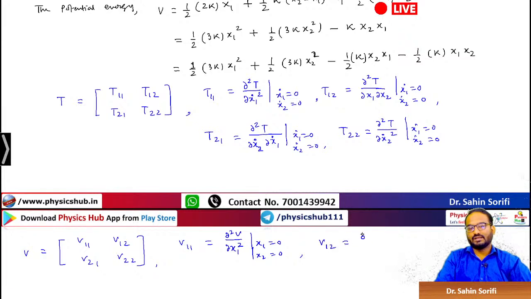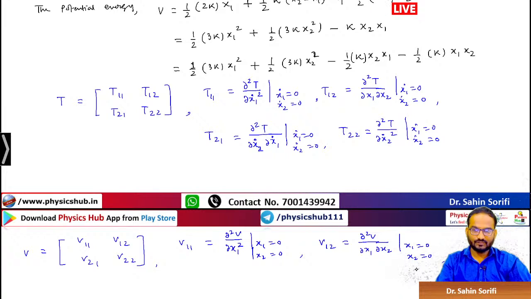V12 you can write as del square V by del x1, and for 2 it is del x2. We'll put x1 equals 0, x2 equals 0. There is no dot in the derivative. Oh, sorry. Thank you, Murli.